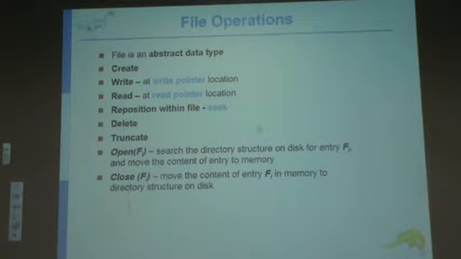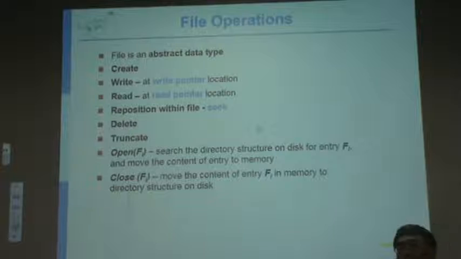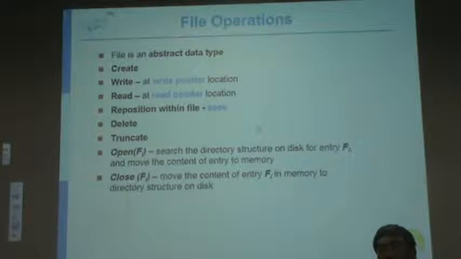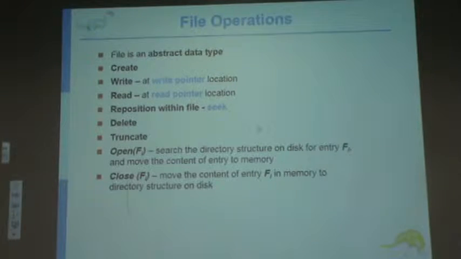It can be a sequential search or a random access search. Also, we can delete data and truncate data. Truncate means we keep the data structure but delete all the data, making it empty.